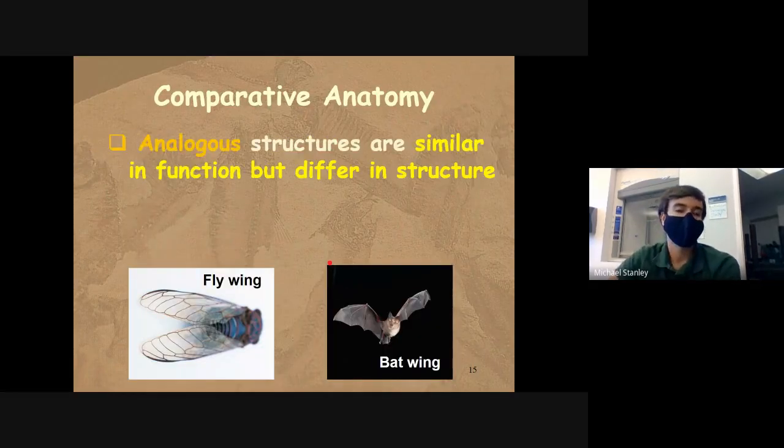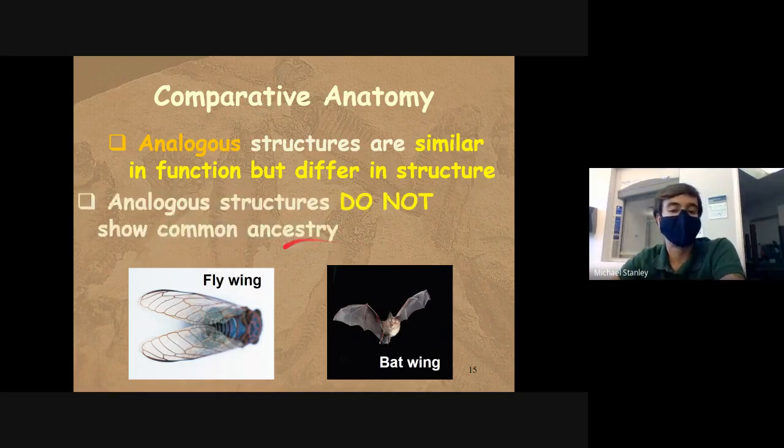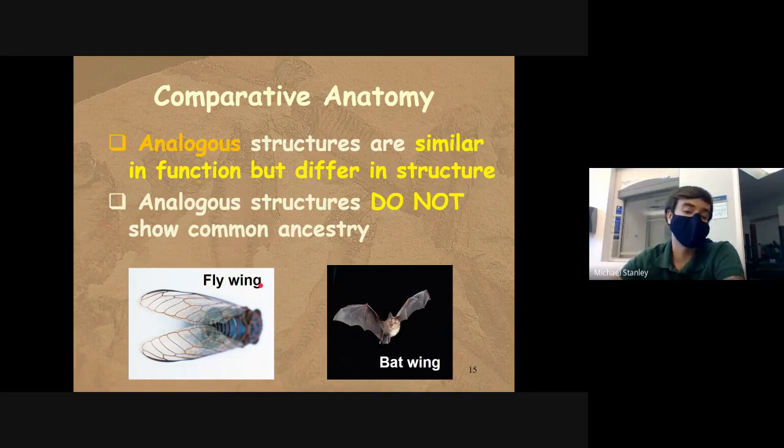On the other side, you have analogous structures, which are organs and structures that animals use in a similar way, but came from completely different evolutionary paths. Like the wings in insects and the wings in bats and birds, both used for flying, but they're built completely differently.